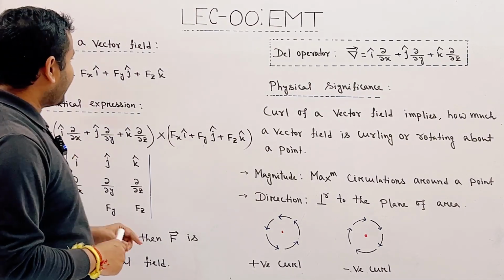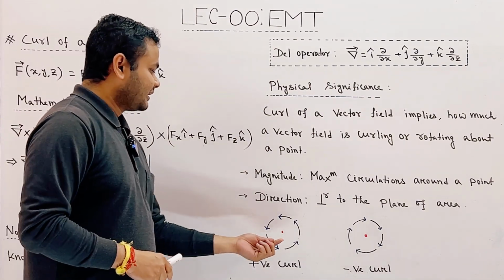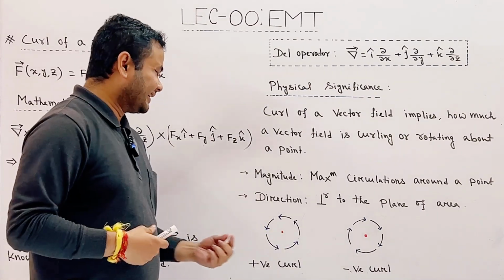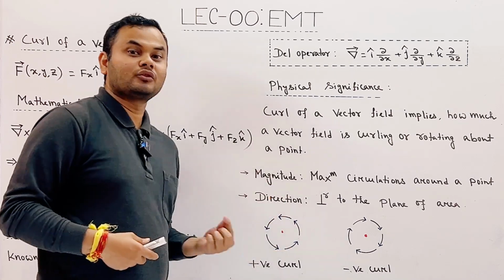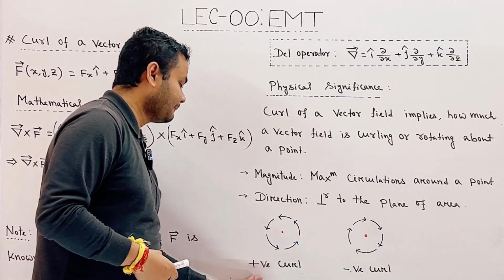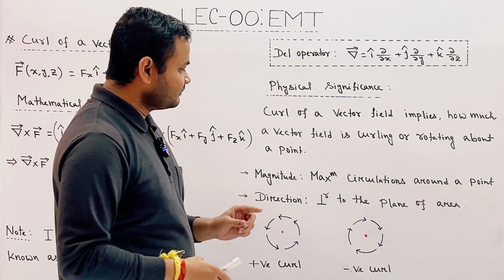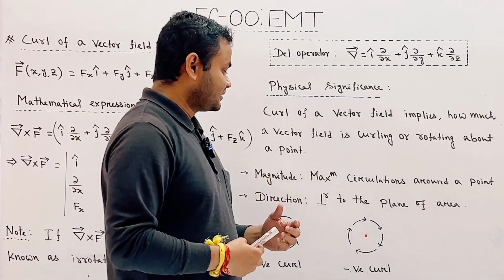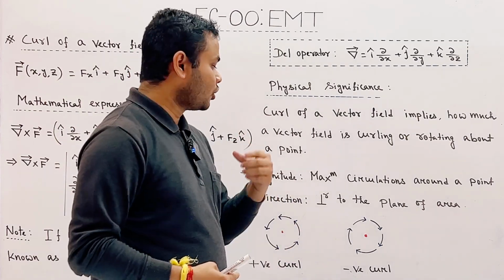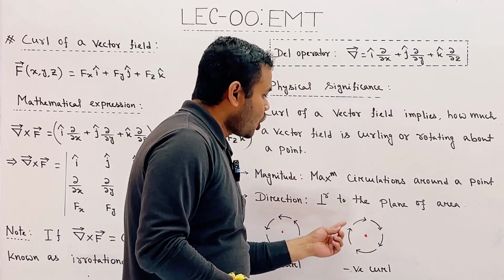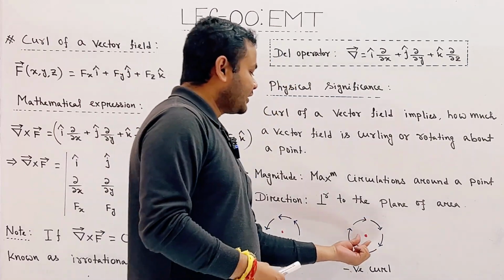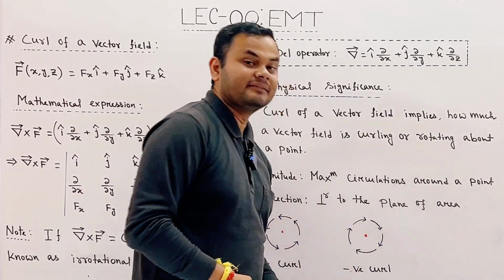Again, when the vector field is curling or rotating about a point in anti-clockwise direction, then it is known as the positive curl. Again, when the vector fields are curling or rotating in clockwise direction about a point, then it is known as the negative curl.